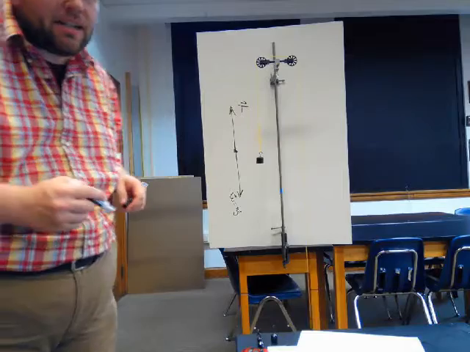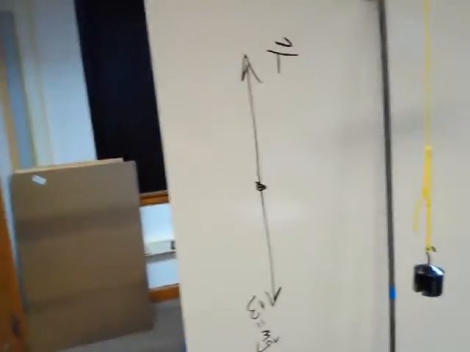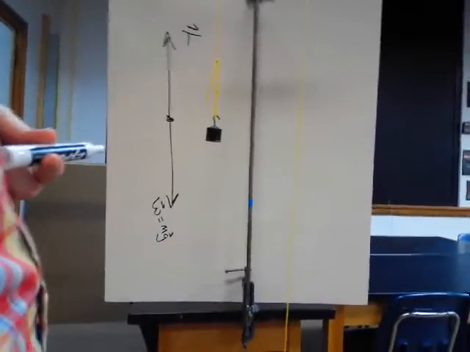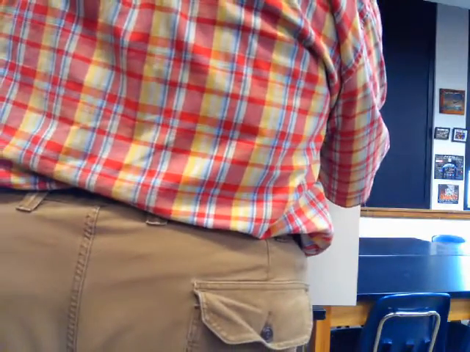And I understand it's not exactly 100% viewable, but that's okay. All right. We have a tension upwards and a weight downwards. Now, on the other side, we have exactly the same thing, right? As we have a tension upwards and a weight downwards.